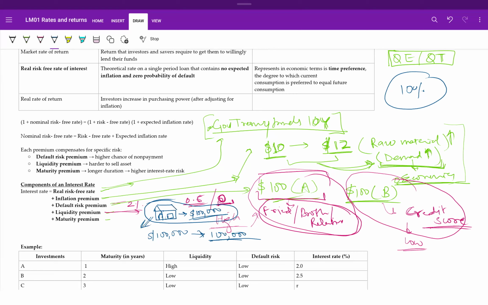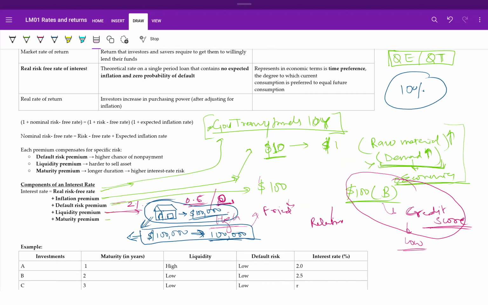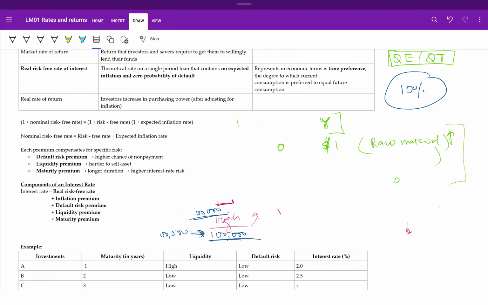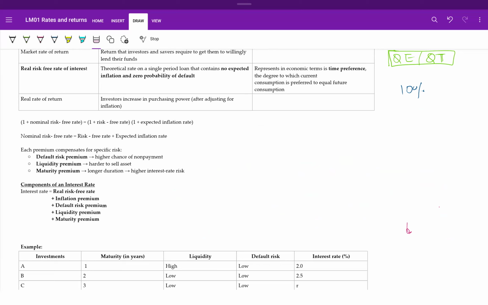But if you want to convert the stocks into cash quickly, you will be able to sell your investment right in the market. So that's what liquidity is referring to here: how quickly you could convert your investment into cash. I hope this is clear.